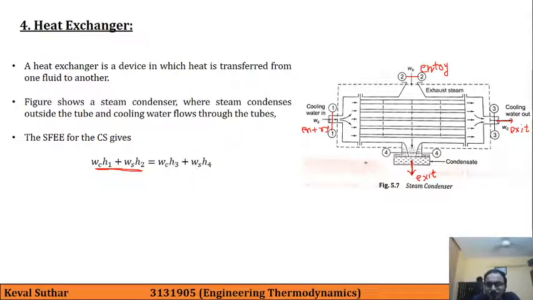So here we are having this condensate, so WC, here the C stands for cooling water, so WC into H3 plus WS into H4.